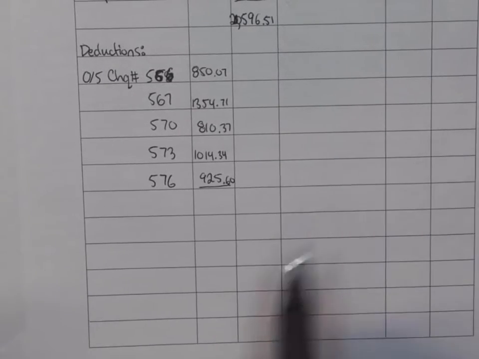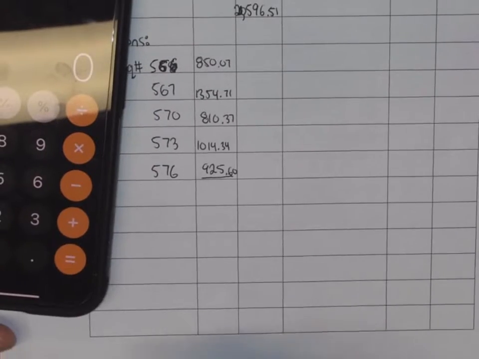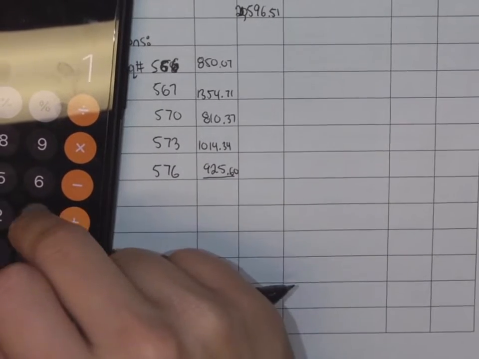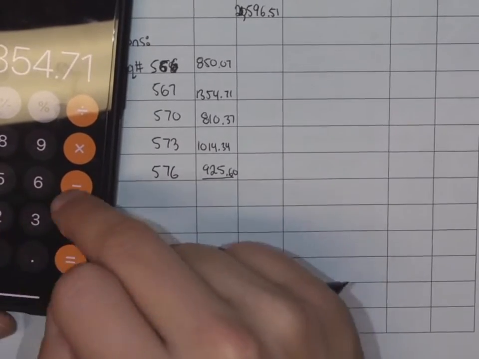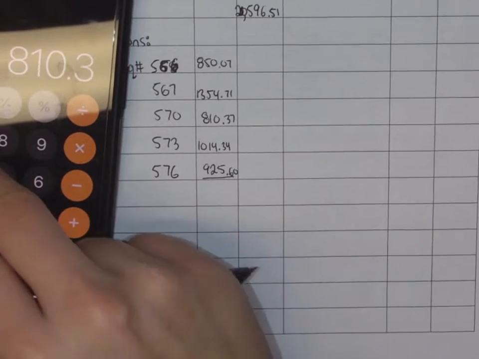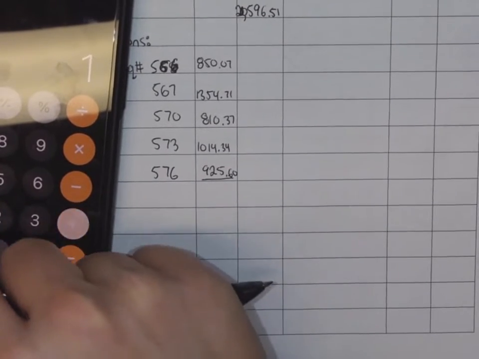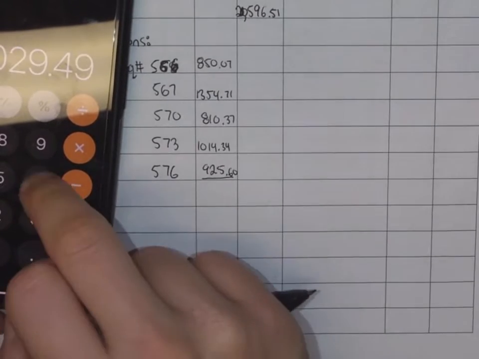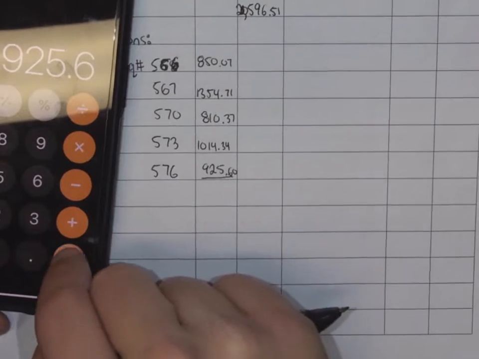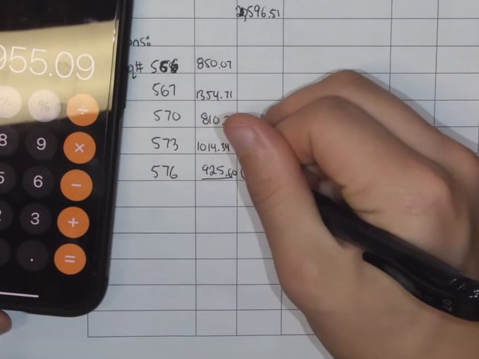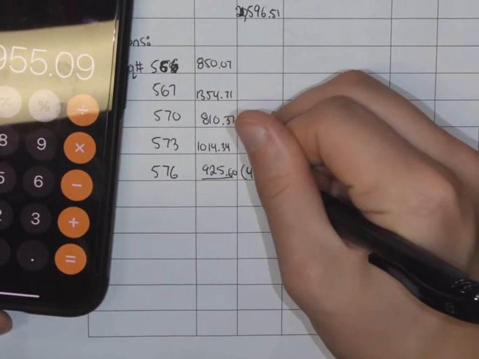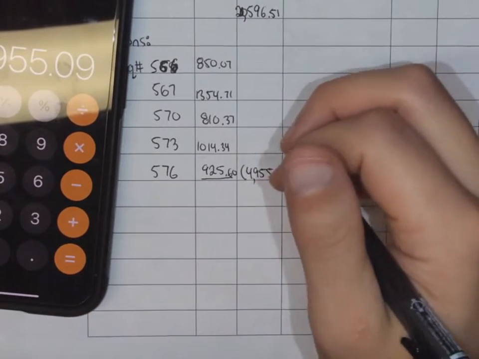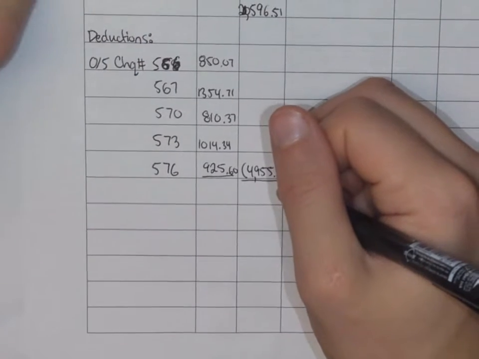I'll just quickly add them up. And we get $4,955.09. And we get our adjusted bank balance.